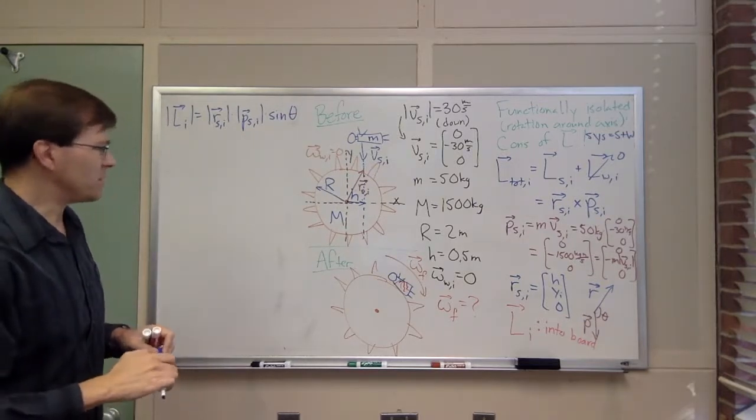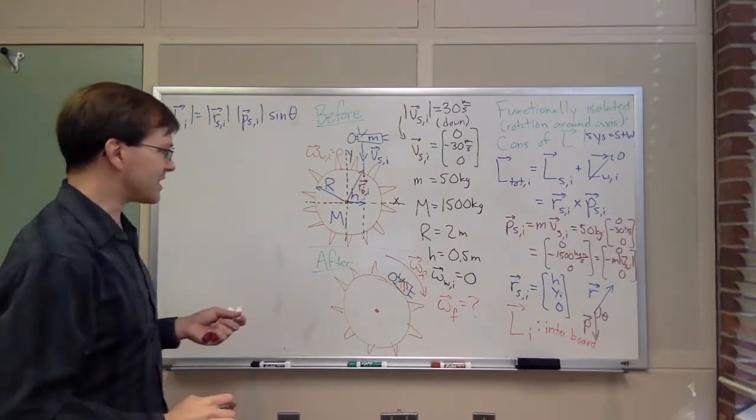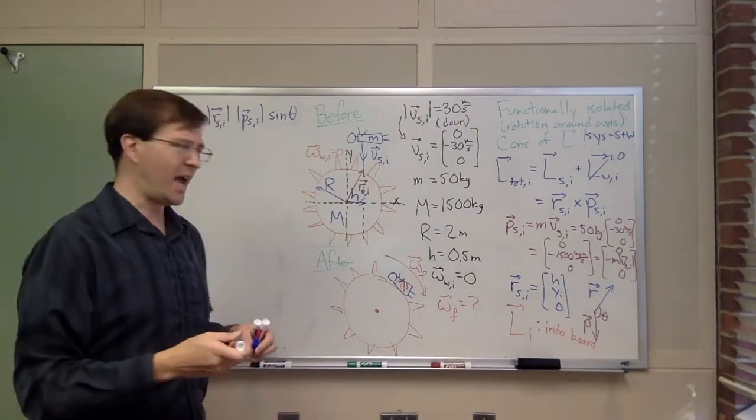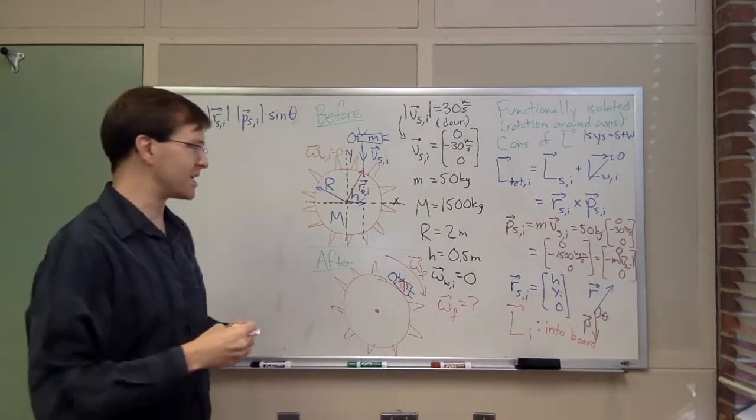The sine of the angle between them is kind of tricky. How am I going to find the sine of this theta? It's a bit of a pain to do this precisely.